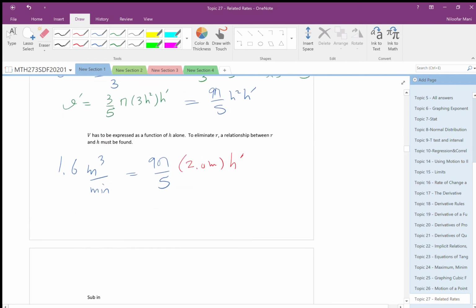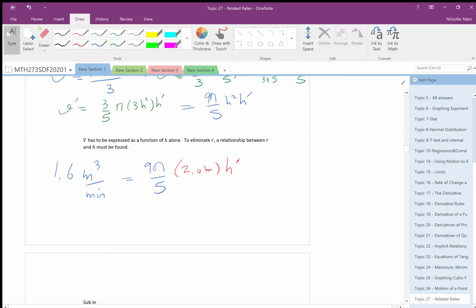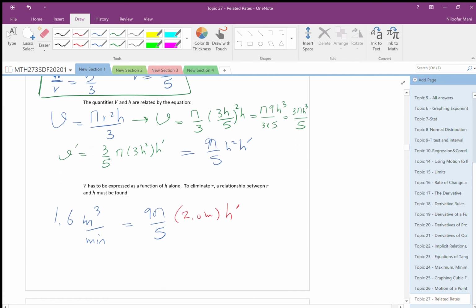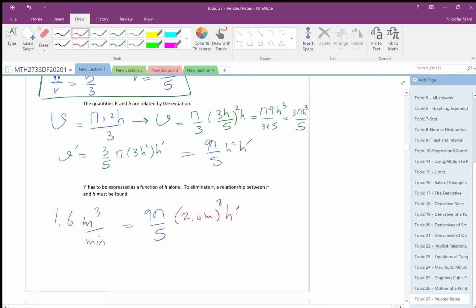Okay, from here you are just solving. Let me see, it must be a squared here, yeah. So it is meter, so I have meter per minute here. Okay, and everything is fine. If you multiply meter and meter squared, it will be meter cubed, and if you check this and this, they are the same, minute in the denominator. Okay, I have to find h prime.